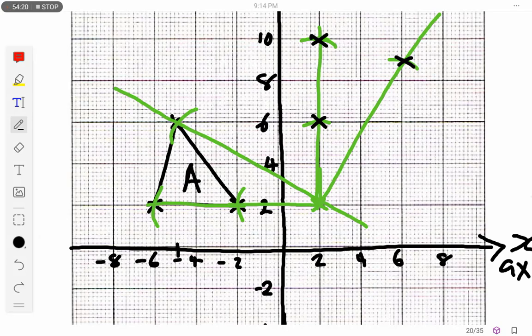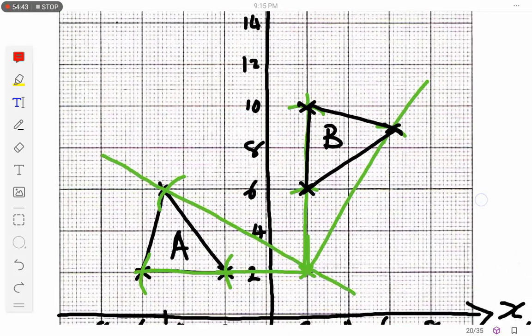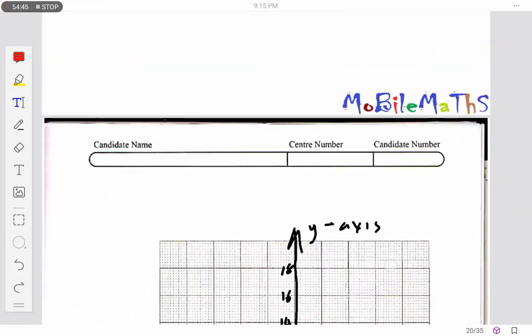Okay, next time I'll try to use my graph paper and freehand. So this is going to be our triangle here like this. Okay, and we are to label it B. Okay, fine, we are done. So the coordinates of this one were going to be 2, 6, and then 2, 10, and then 6, 7, like that. Okay, let's move on to the next question.